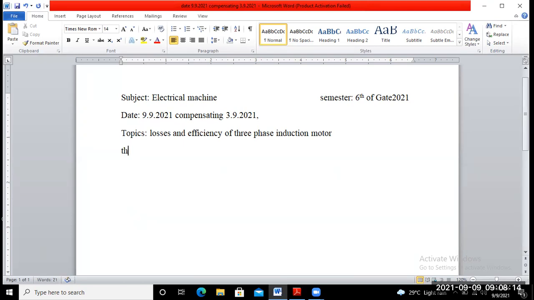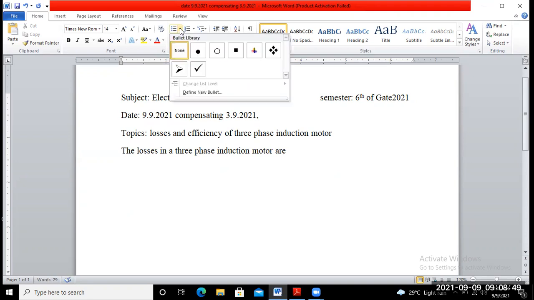The losses in a three-phase induction motor are classified into one as fixed losses and another as variable losses.